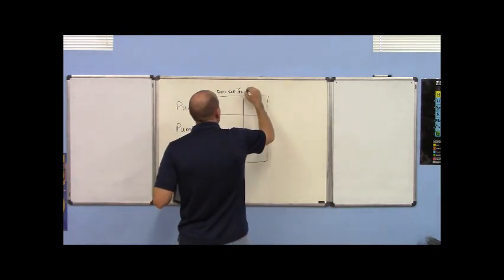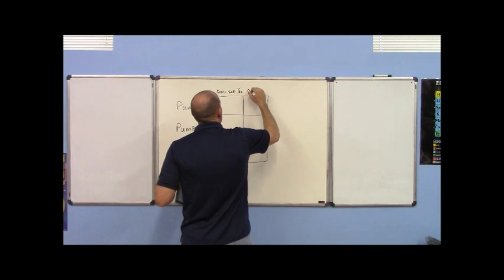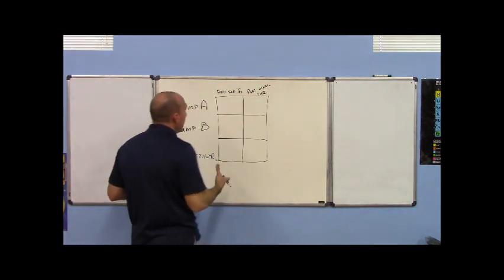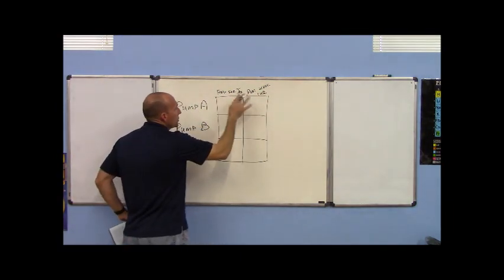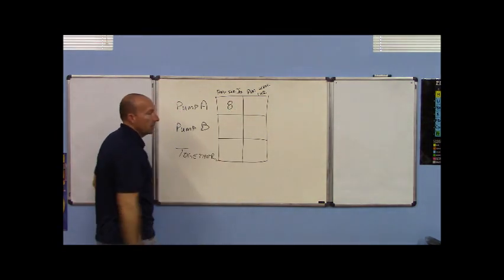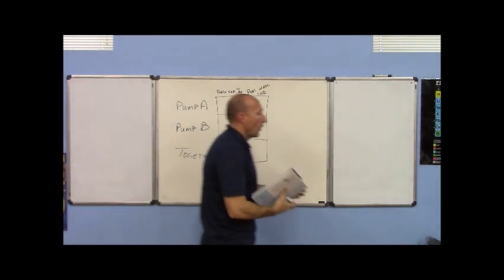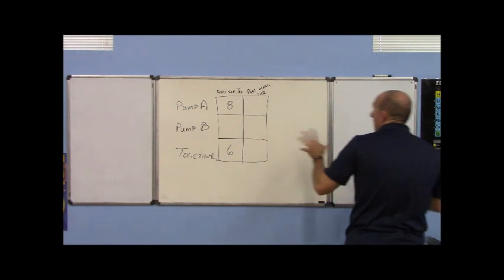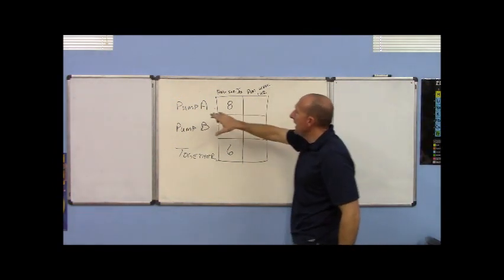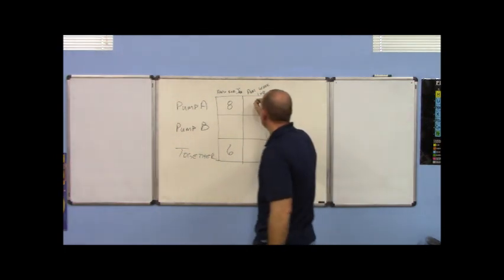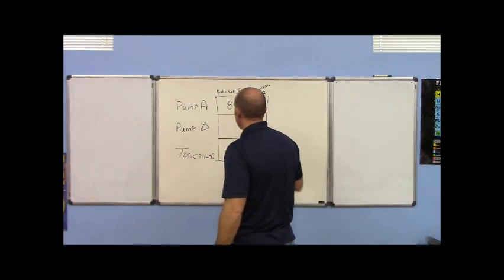So we're going to do part work in 1 hour. Okay, so pump A can do the full job in how many hours? 8 hours. Together it can be how many hours? 6. Now, if we look at it per hour, then pump A can do 1/8 of the job in 1 hour. 1/8.